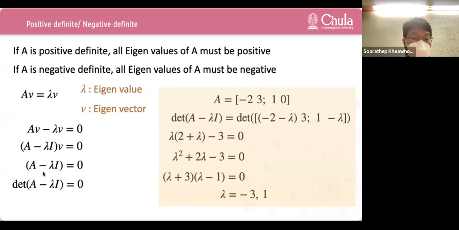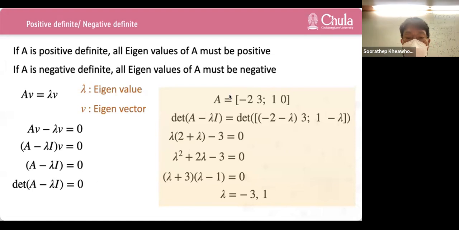V cannot be 0, so A subtracted by lambda I must be singular. To guarantee that, the determinant of A minus lambda I must be 0.